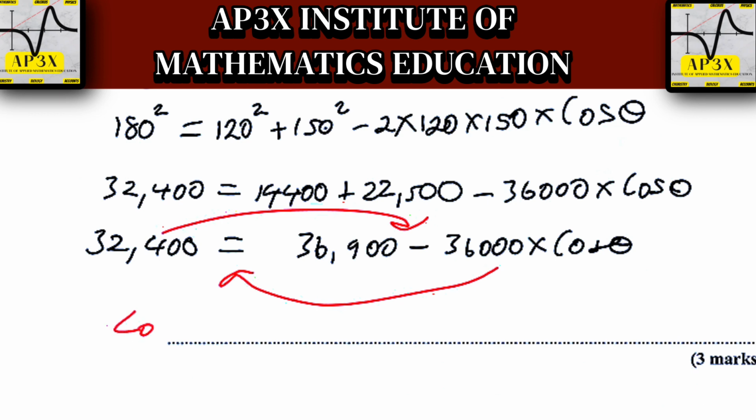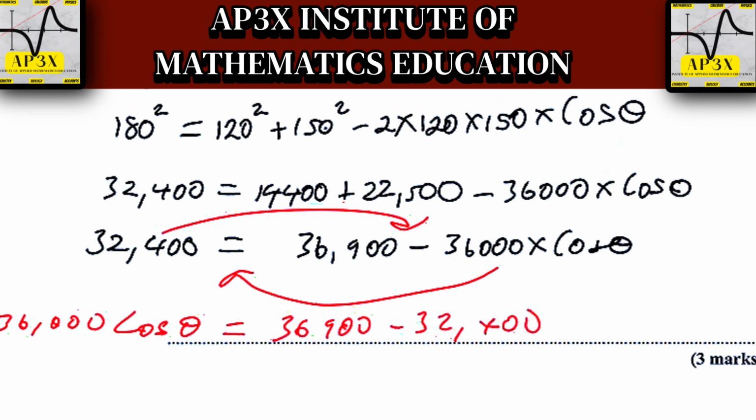So 36,000 cosine theta is equal to 36,900 minus 32,400. That gives us 4,500.